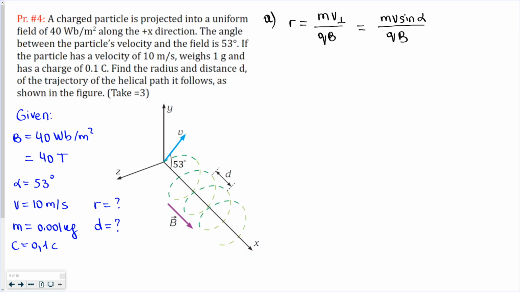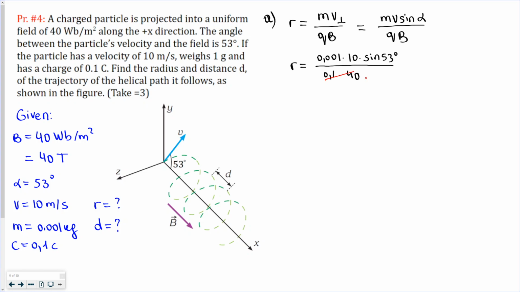Let's put the givens into the equation. Mass 0.01 kilogram, velocity is 10, sine 53, over charge 0.1, and the magnetic field is 40.